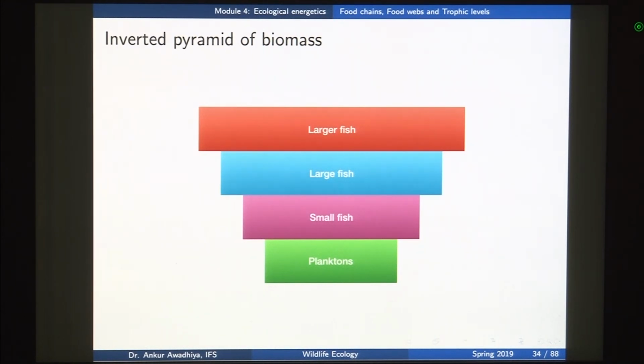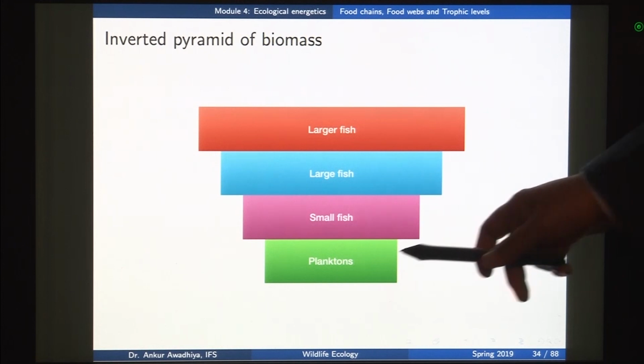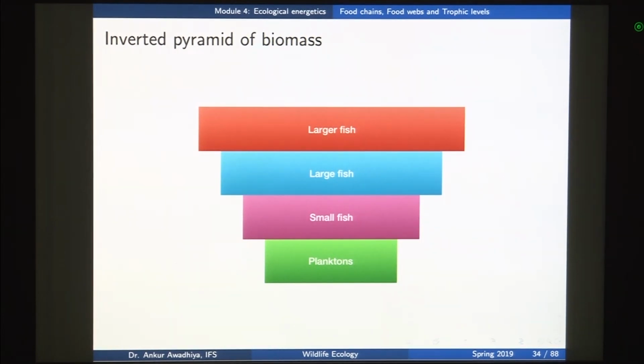Here again you have planktons, and these planktons are supporting small fishes. Because planktons have a faster rate of reproduction or multiplication, a smaller number of planktons can support a larger number of fishes, and each of those fishes has a large amount of biomass.